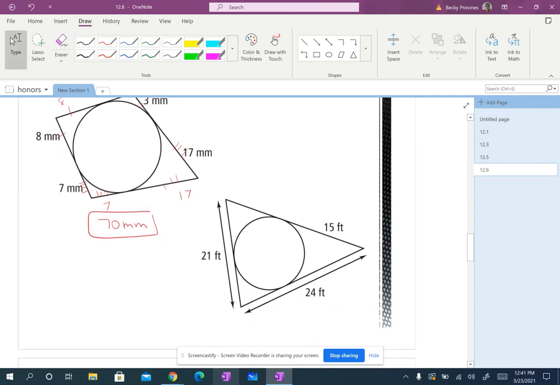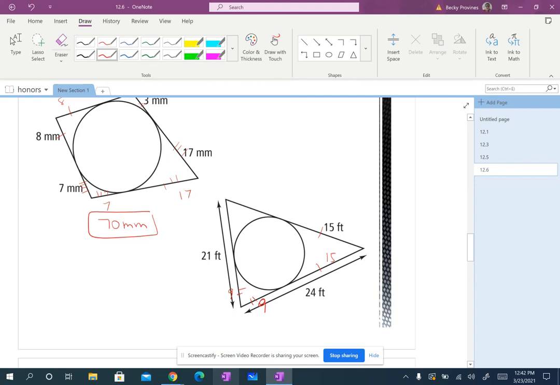Okay, now this one's a little bit more complicated. If you want to pause it and try it, go for it. I'm going to start up here where this is 15 and then take 24 minus 15. So 24 minus 15 is 9. That means these two are the same, so that's 9.